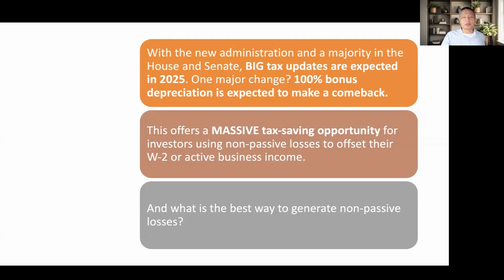All right. So the key is you could find a way. There's a massive tax saving opportunity for investors to use non-passive losses to offset their W-2 income. The key is you need to find a way, and I'll teach you tonight, to make those passive losses, depreciation, paper losses, offset against your W-2 income, against your active income.